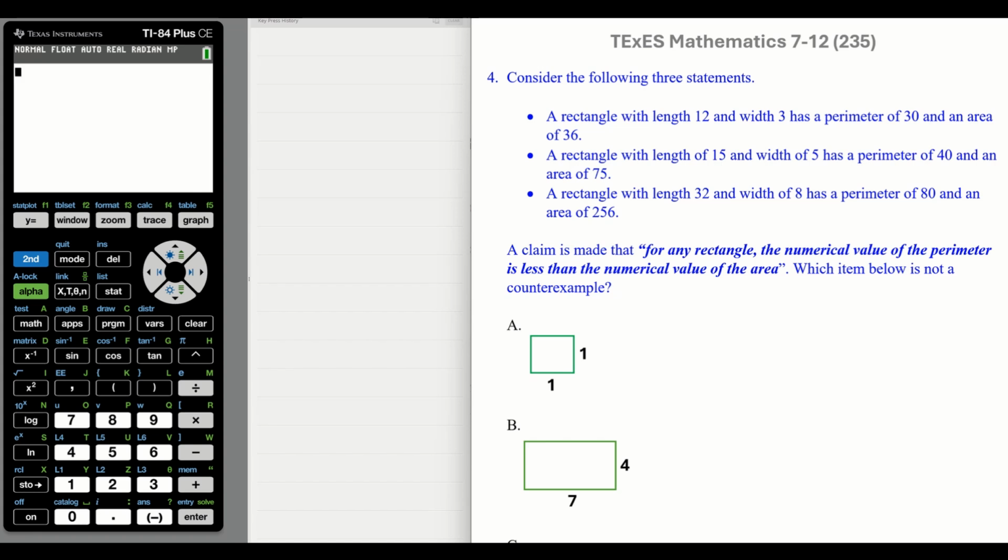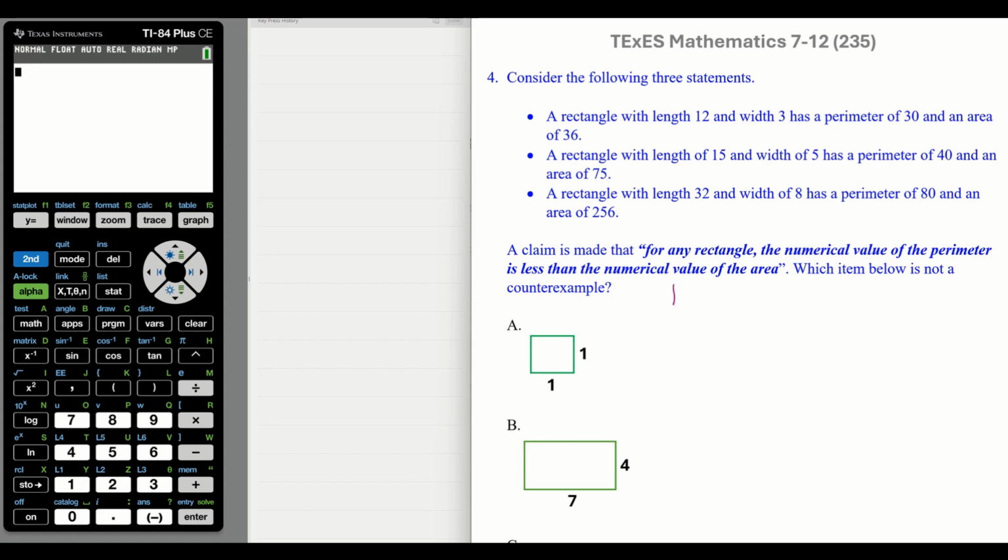Well, you can see some patterns emerging there. Let's see what their hypothesis is, their claim. A claim is made that for any rectangle, the numerical value of the perimeter is less than the value of the area.